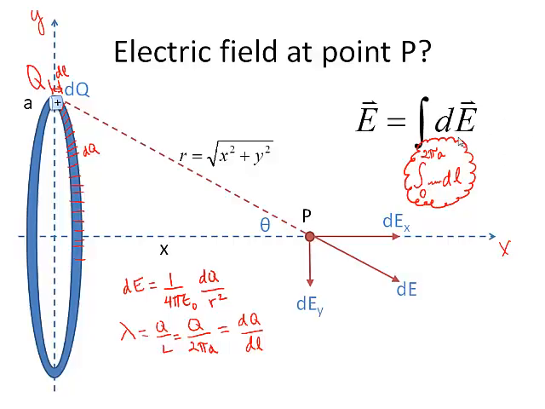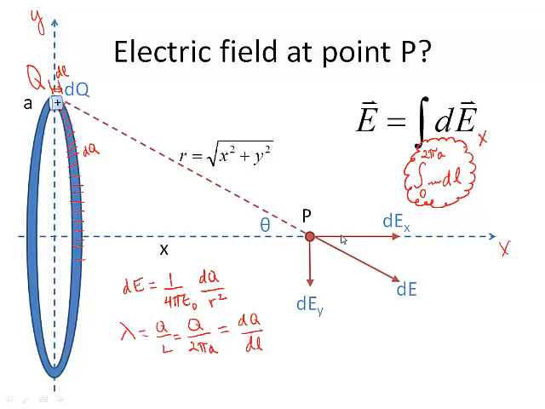So what really ends up happening here is that the total electric field will actually be the integral of all the little dEx components. So that's going to be our goal for the integral.